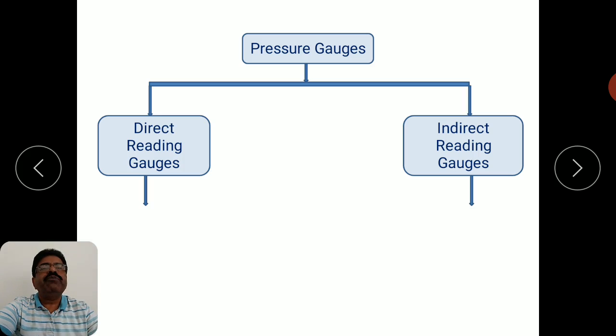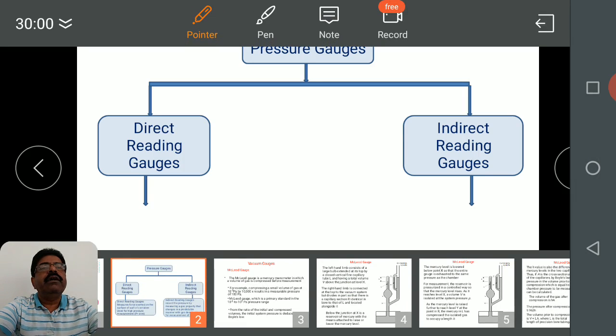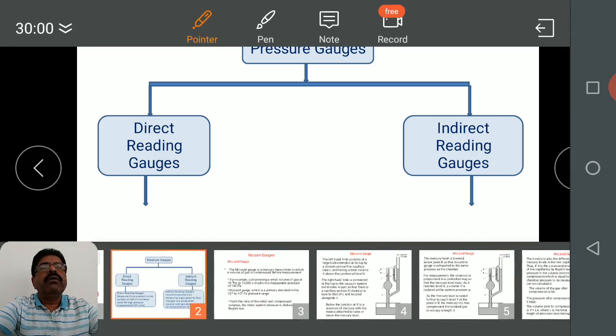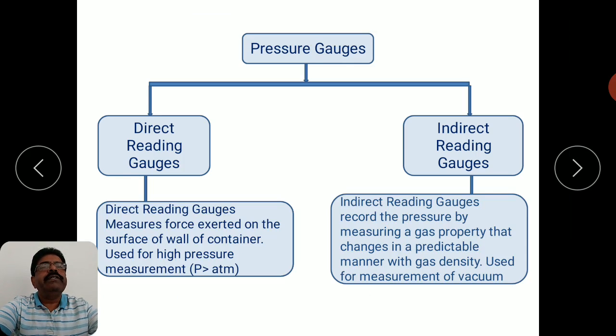Direct reading gauges measure the force exerted on the surface of the wall of the container, and these are used for high pressure measurement, that means pressure which is greater than atmospheric pressure.